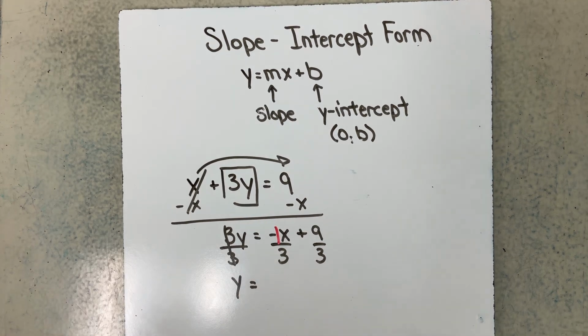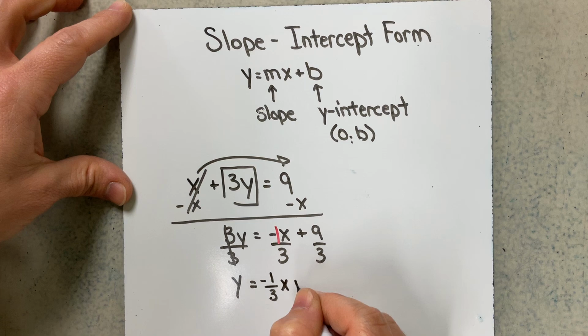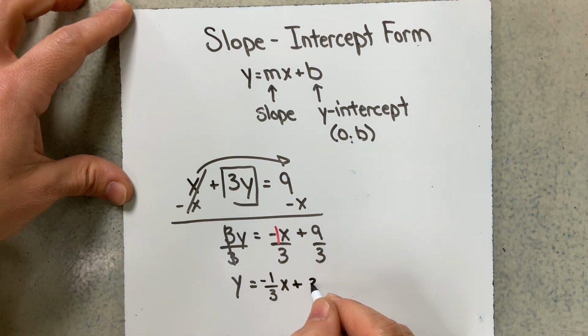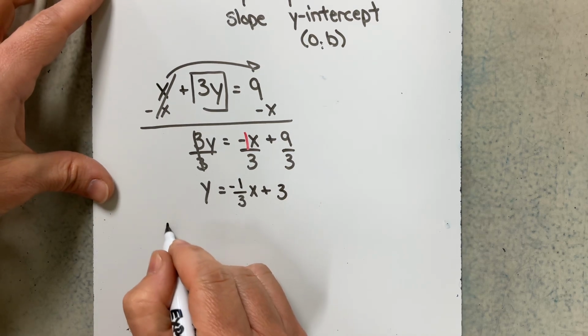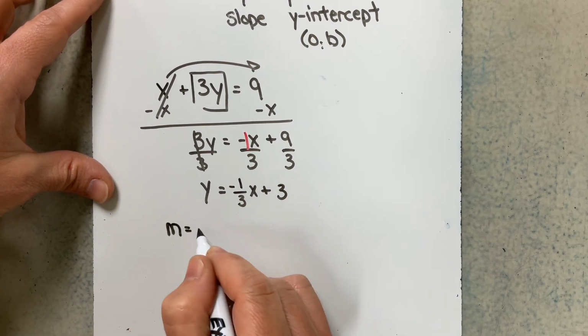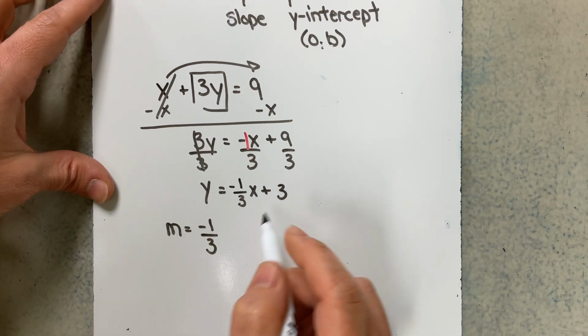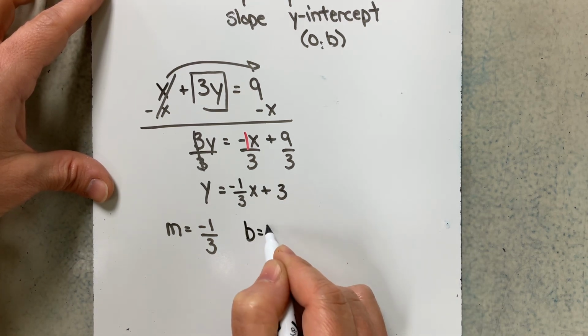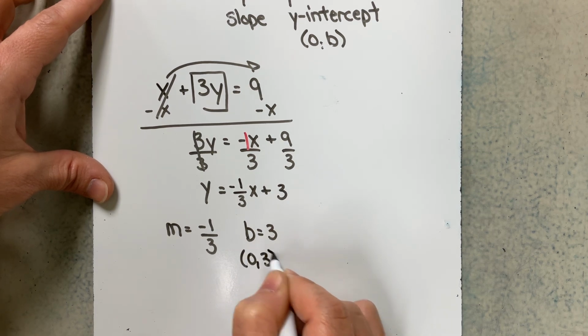So negative 1/3 x plus 9 divided by 3, which is 3. Okay. My slope is this negative 1/3. My y-intercept is 3, which gives me the point 0, 3, which I'm going to start at.